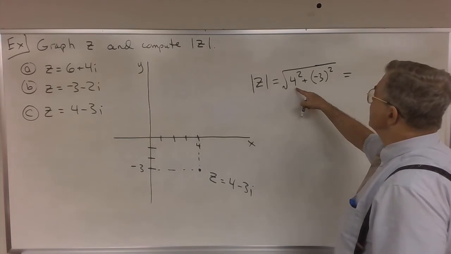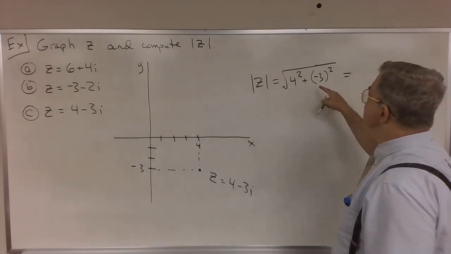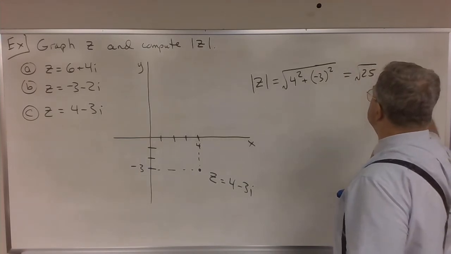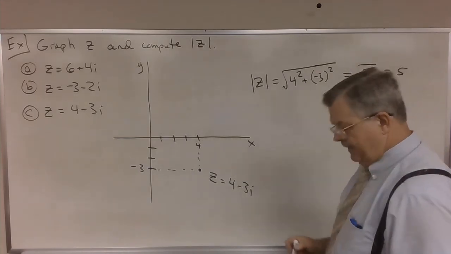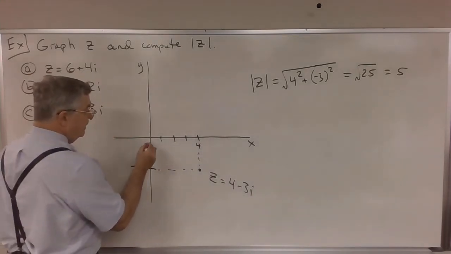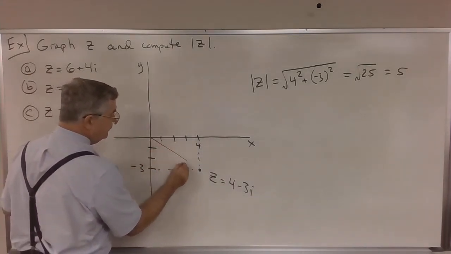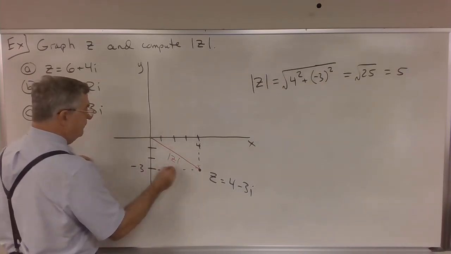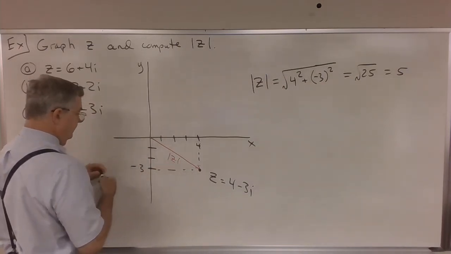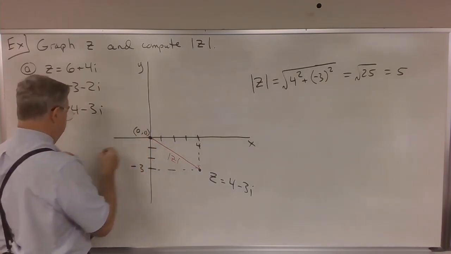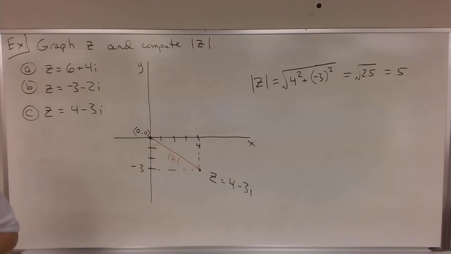And we get 16 plus 9 is 25. So our modulus is 5. So the point z in this case is exactly 5 units from the origin. Ta-da!